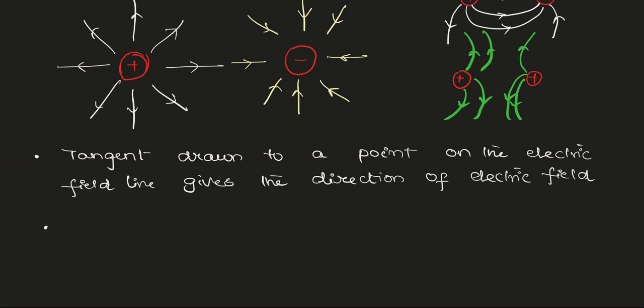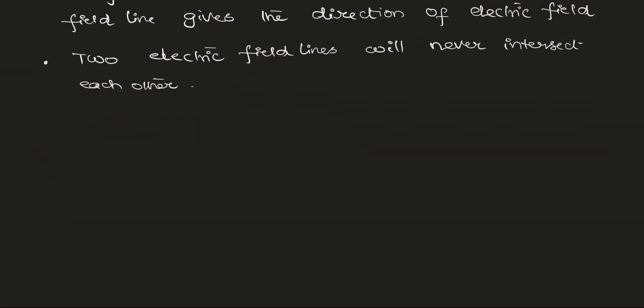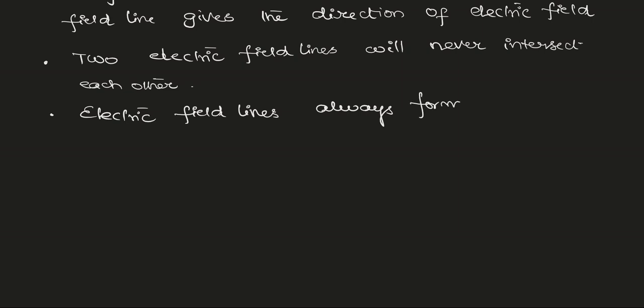And two electric field lines will never intersect each other. Electric field lines never form closed loops, they always form open loops.